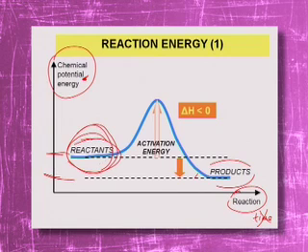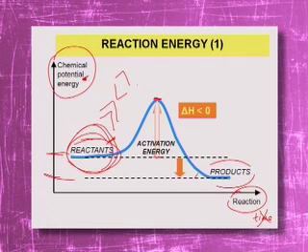Now, in order for them to undergo a successful collision, they have to have enough energy. Having enough energy might mean that the temperature has got to be right so that they're moving fast enough. It might also mean that they've got to be in the correct orientation, and so molecules like that can't react when they're like that because they must be in that sort of orientation.